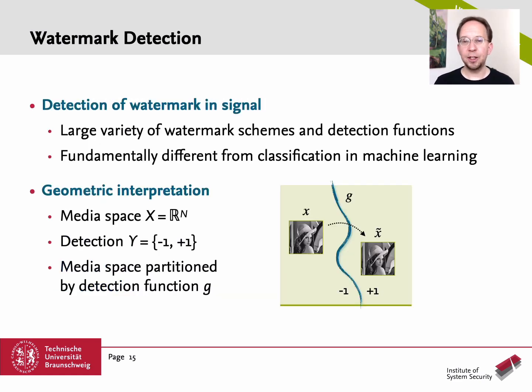Now we can also phrase this as a geometric thing. There exist many different algorithms and schemes for watermarking data, and they are technically very different from machine learning. But we can assume that the data we have lives also in a high-dimensional vector space. This is not called feature space here, but media space.